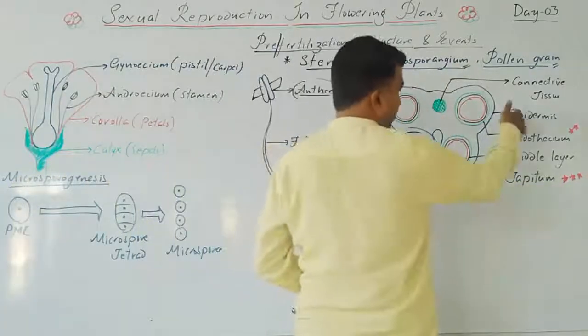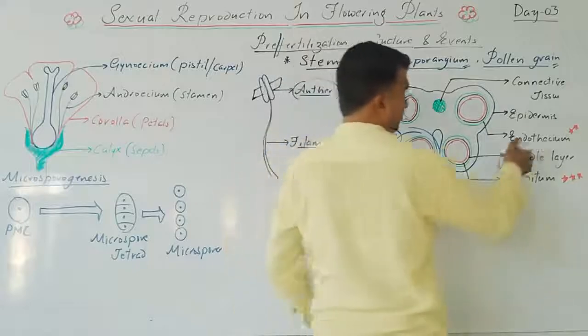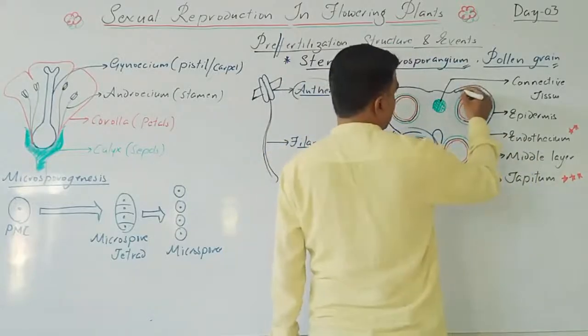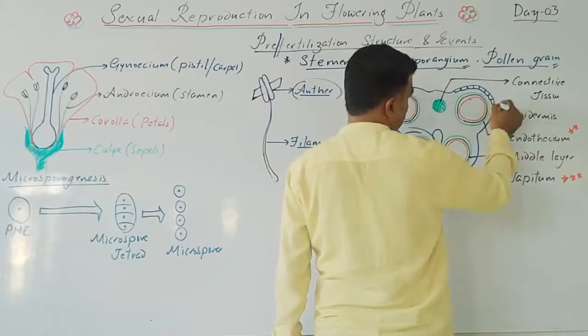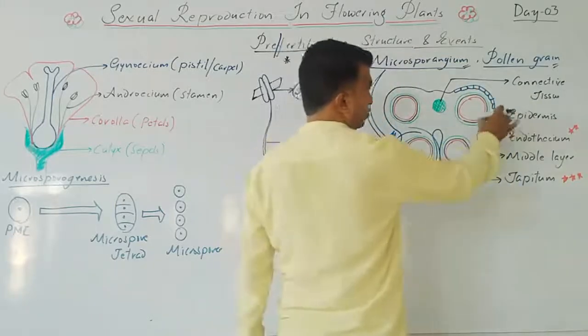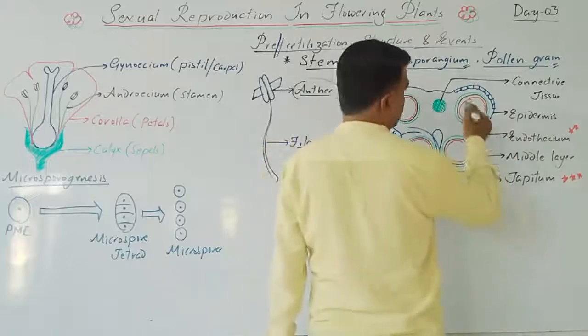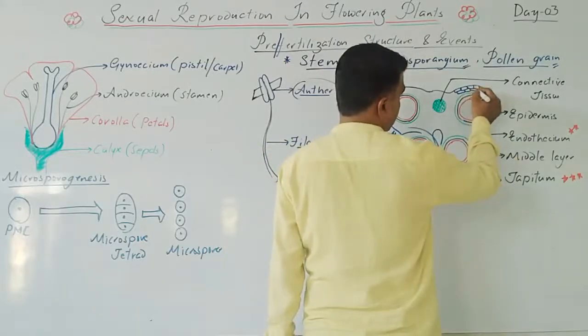So first one is the epidermis. These are made up of barrel shaped, elongated cells. Only one layer, and this will give protection. Endothecium is also made of elongated cells, almost 2 to 3 layers.